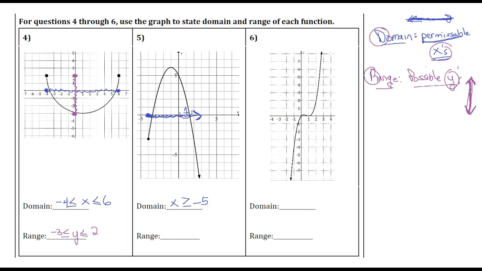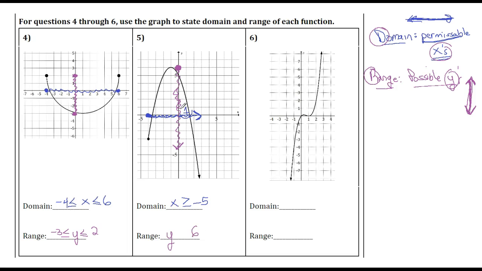As far as the range is concerned, same idea, up, down, up, down. As I go up, I can go as high as this point right here. I'm going to translate that over to the y-axis, because we're talking about the range. And as I go down, I can go down forever and ever. So for its range, it's y. That endpoint is at 6.